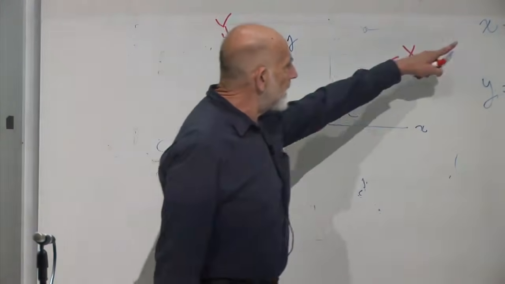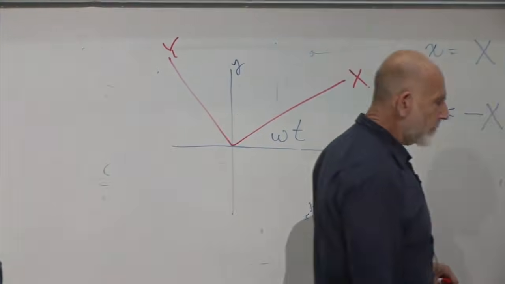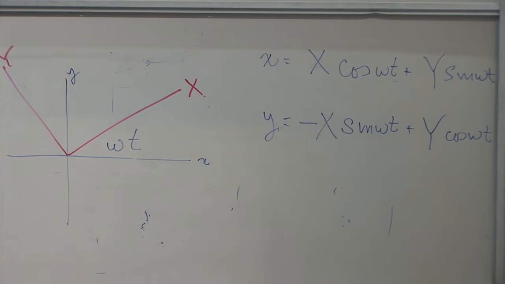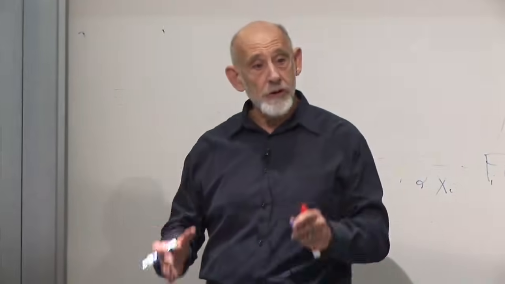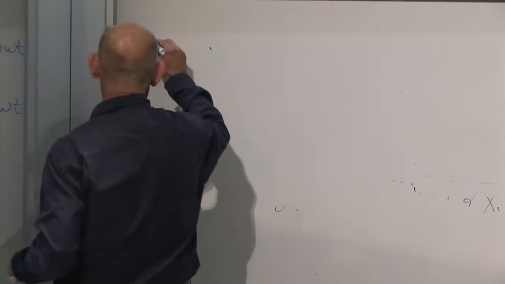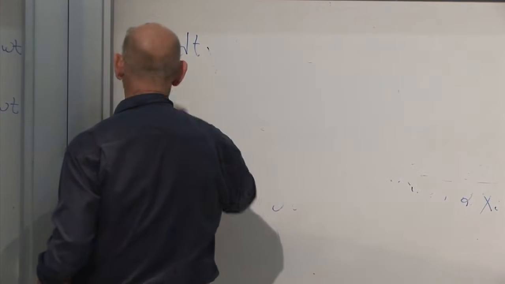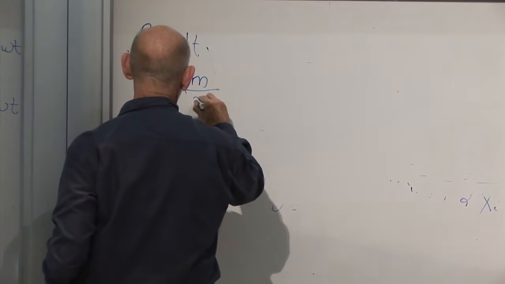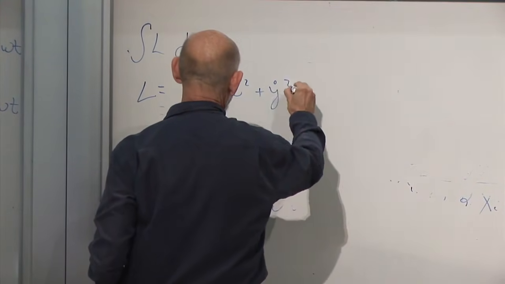All right, now here's what we know. In the stationary coordinate system, the non-rotating coordinate system, Newton's laws are the right laws, and we can summarize that by writing a Lagrangian. The action is the integral of L dt, with L equal to m over 2 times x dot squared plus y dot squared.